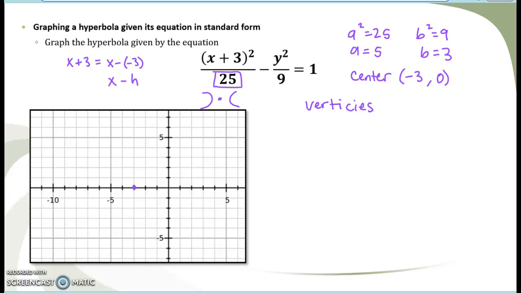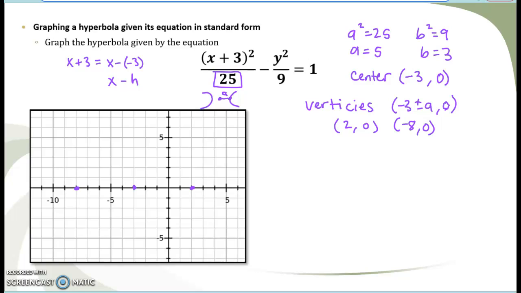So from the center, in order to get to our vertices, we add a to the x part because we're moving in the x direction. I'm going to take -3 plus or minus a to find my vertices, which happen at (2, 0), and then -3 minus 5 is -8, so (-8, 0). So my vertices are at (2, 0) and (-8, 0).